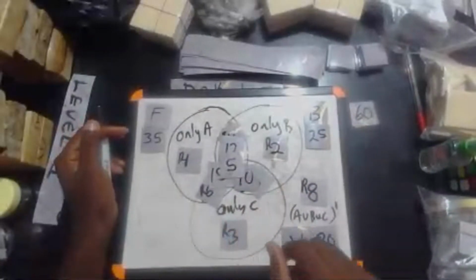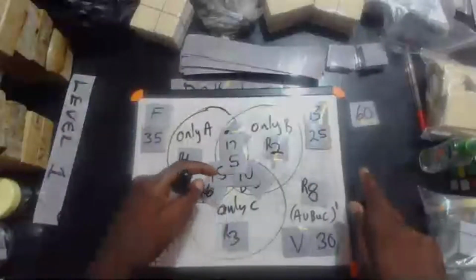So this is an interesting thing. What it means is that I have to take 5 away. We can find those who like football and basketball only by subtracting 5 from the 12.